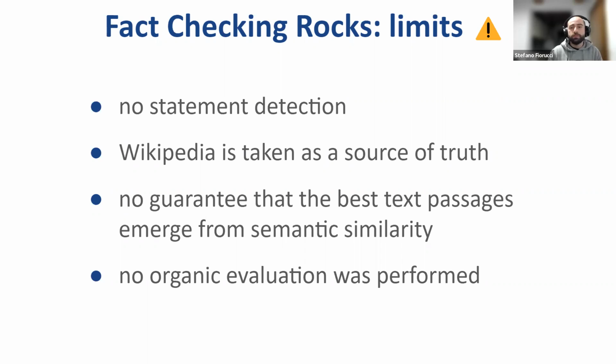For example, if I enter the statement, the Beatles were influenced by Bono Vox, I get back some textual passages about the Beatles, some about Bono Vox and U2, but none of these passages contain the information that is needed to say that the statement is false.